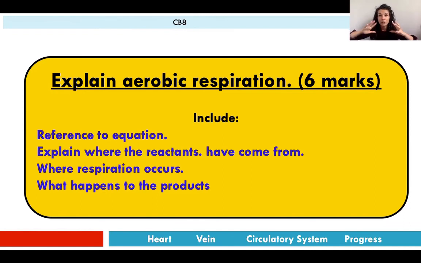So in absolutely as much detail as you can, using everything that we've learned today, I'd like you to explain aerobic respiration. All right, and this question is going to be put up on Shobi, so www.shobi.com. So if you'd like to submit your answer there so that a teacher can mark it, that would be fantastic.